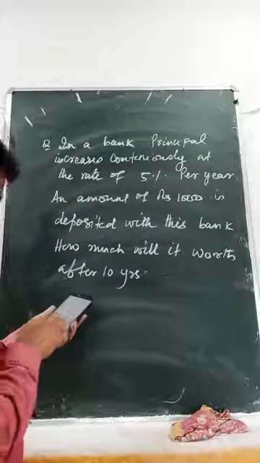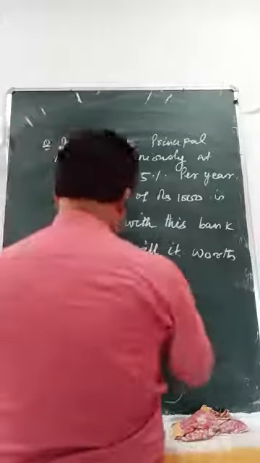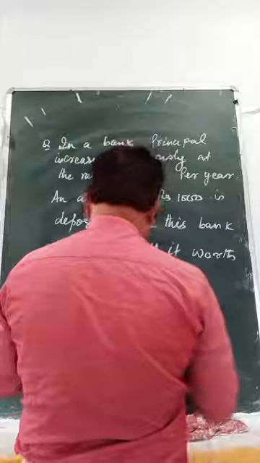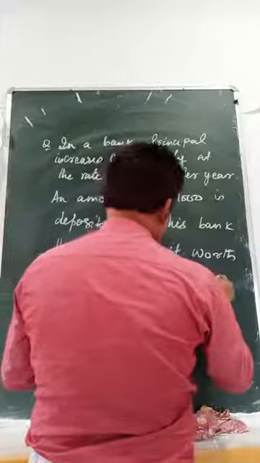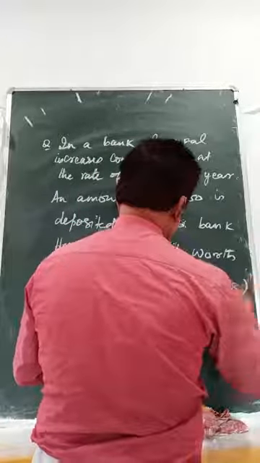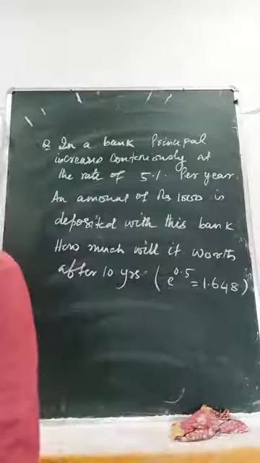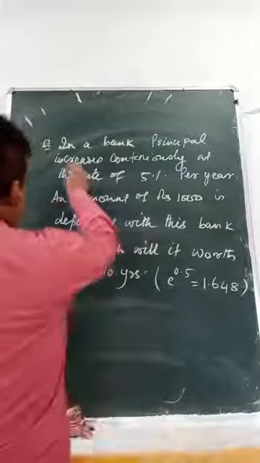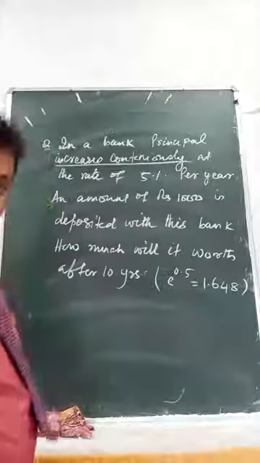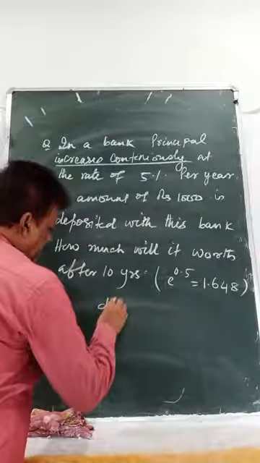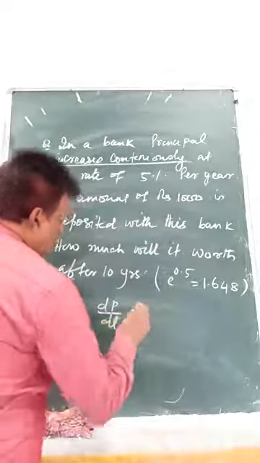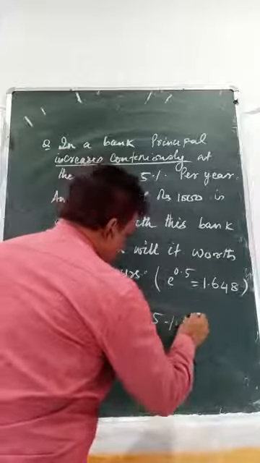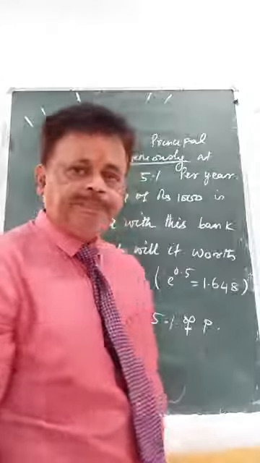And what is given? e to the power 0.5 equals 1.648. Okay. Principal increases means dp by dt equals 5% of principal.